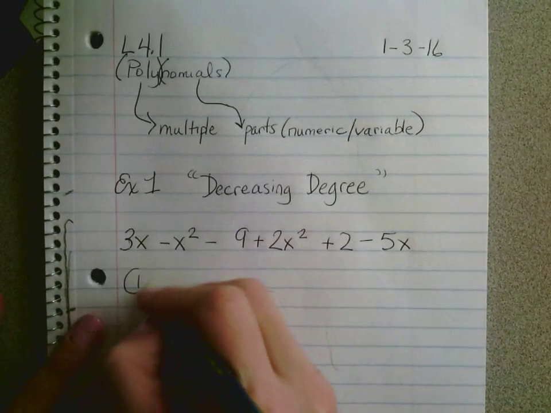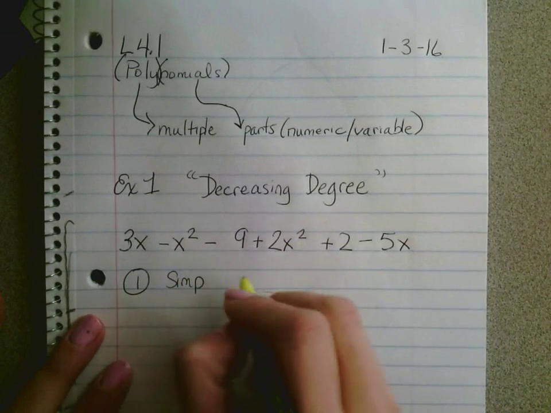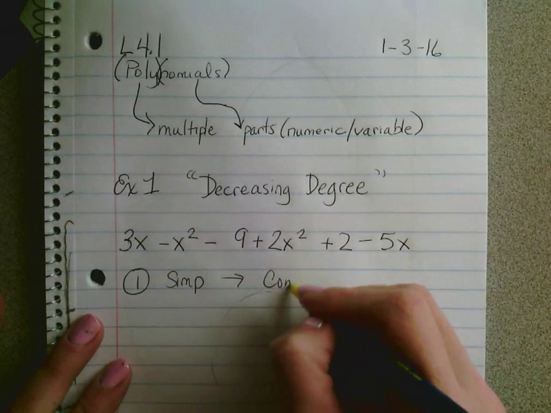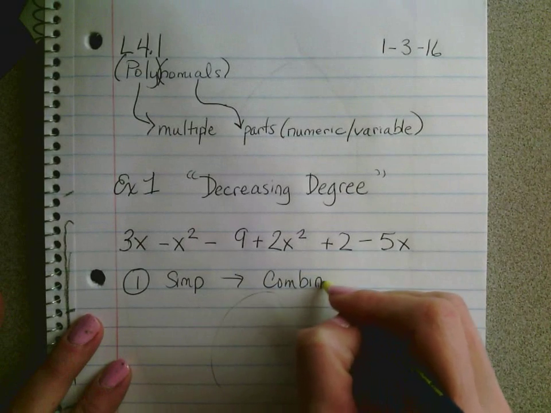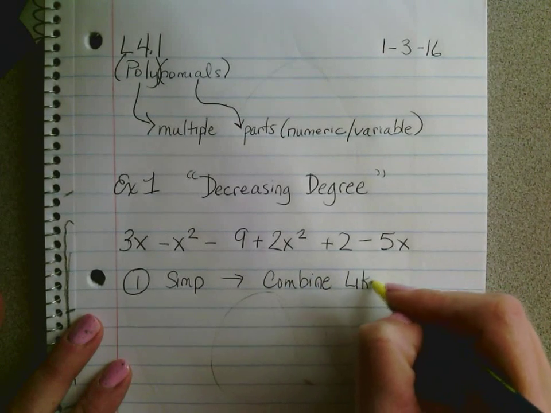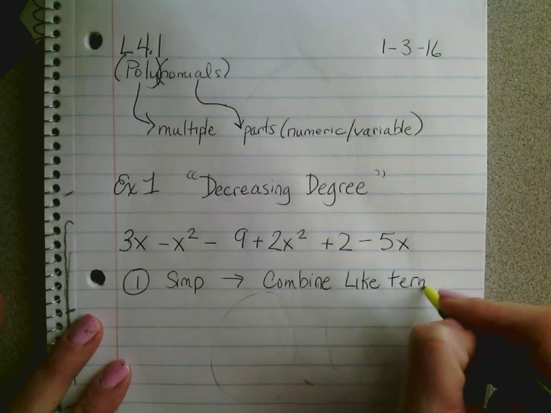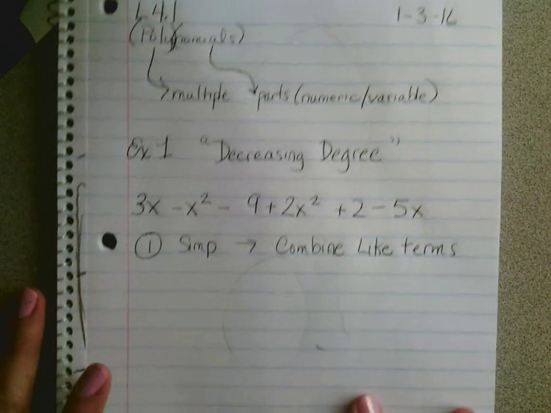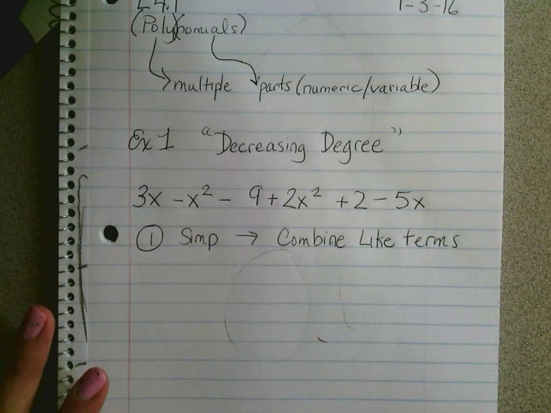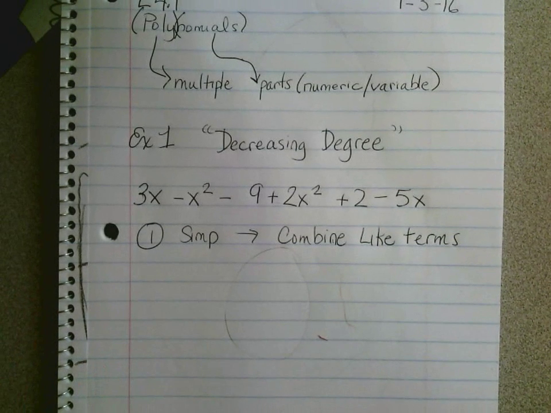So step 1, simplify, in our universe means combine like terms wherever possible. And to do that, you look for all the like terms, group them together, and I tend to start them with the highest degree. But in order for you to be able to do that, you have to recognize what that means.